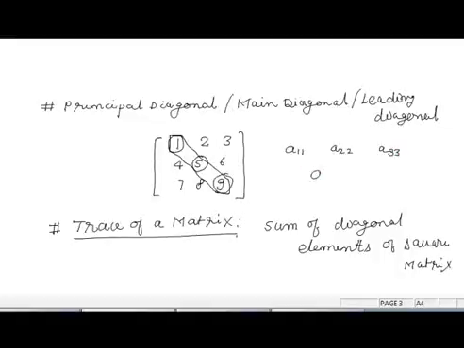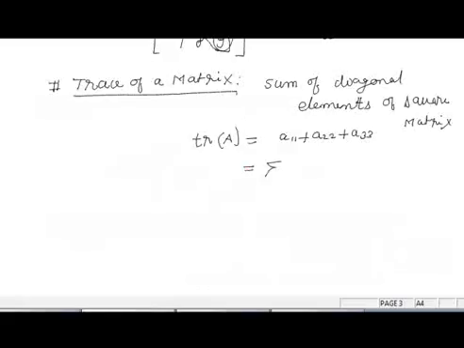So the diagonal elements can be represented by Aii. In mathematical notation, the trace of a matrix is represented by tr. Let's say the matrix is A. Then the trace of the matrix is the summation of A11 plus A22 plus A33, since it is a 3 by 3 matrix. If it is an n by n matrix, then in a generalized way we can write the sum from i equals 1 to n of Aii. This is called the trace of the matrix.